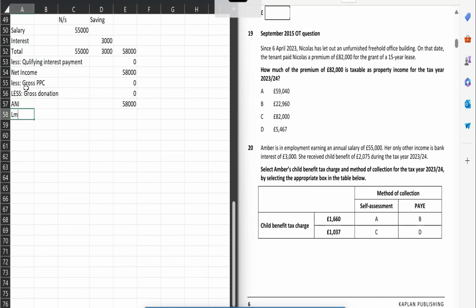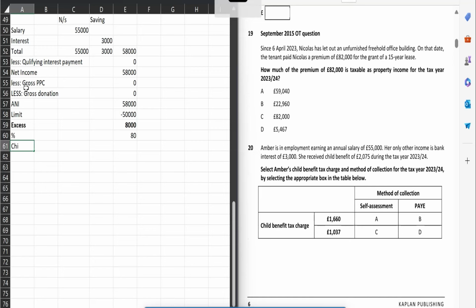Then the limit. This is the same as we do in the personal allowance deduction case, but the limit is different. Here the limit will be 50,000, and the excess is 8,000. Now we calculate the percentage and just divide by 100, so 80%.